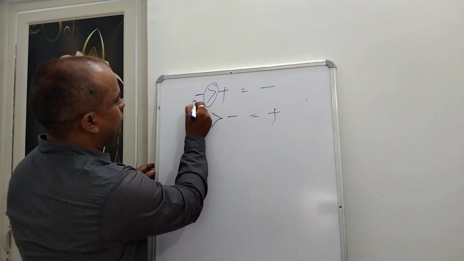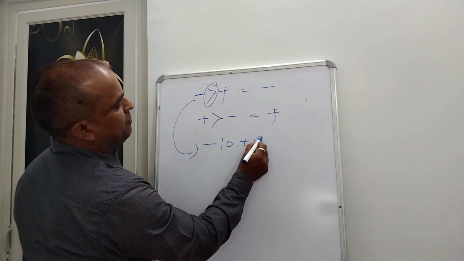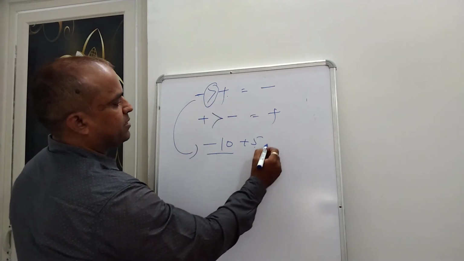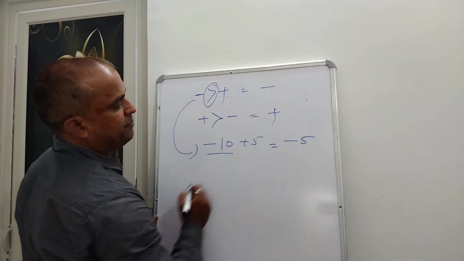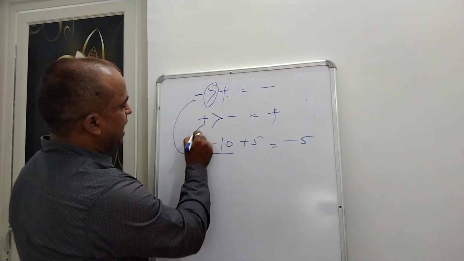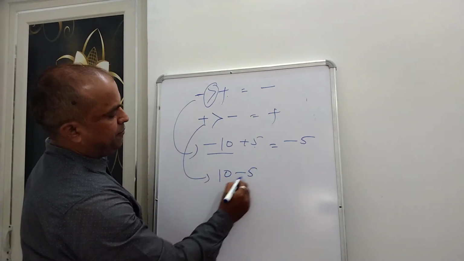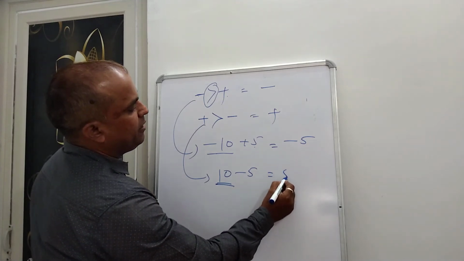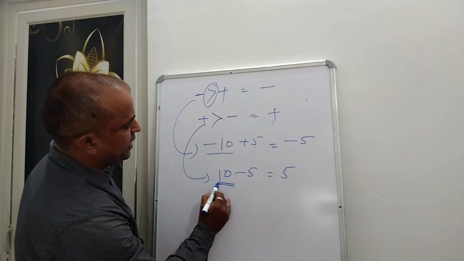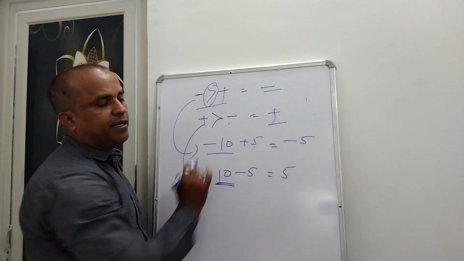Now I am giving examples one by one. If minus 10 plus 5, minus is greater than plus, so you write minus 5, but the operation will be subtraction. If 10 minus 5, plus is greater, then you will get 5, no minus sign. If plus is greater, write plus sign. If minus is greater, write minus sign.